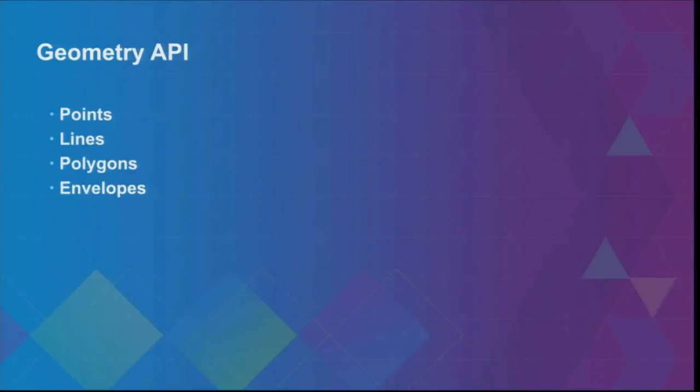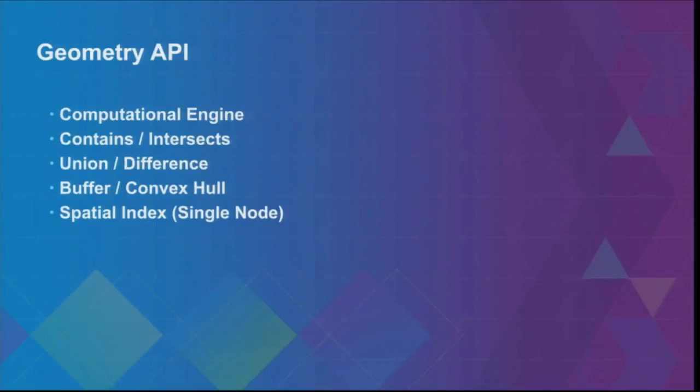You can analyze points, lines, polygons, and envelopes, and we have a full computational geometry engine. So if you want to find what polygon intersects with what point, if a point is inside another polygon, or what line crosses what, these are all available in there, which is pretty cool.